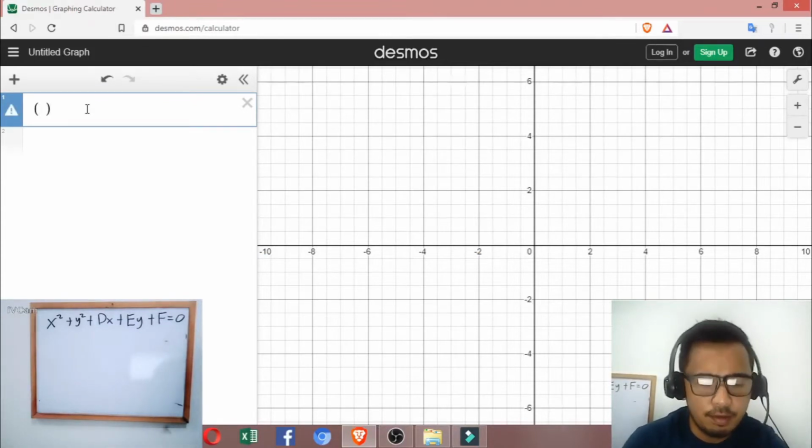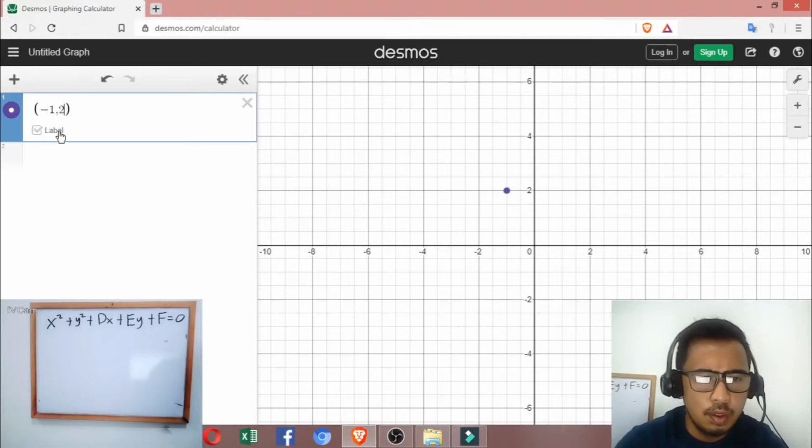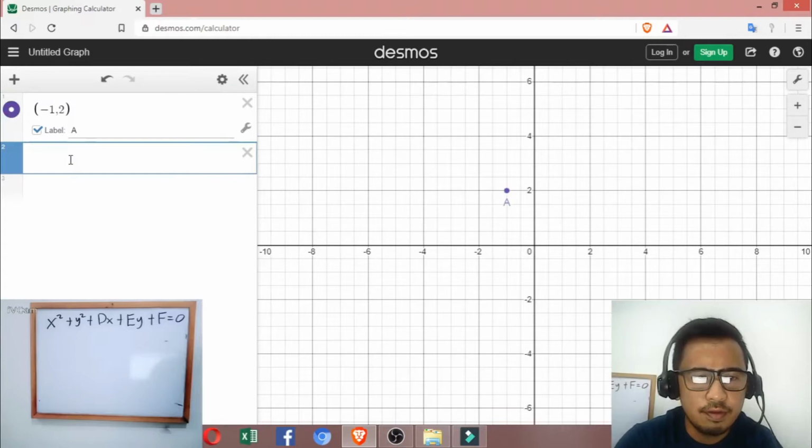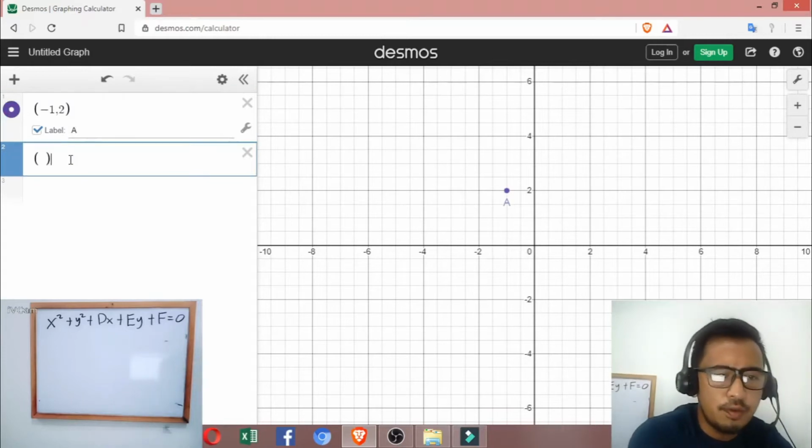Then you will have (-1, 2). We will label that as A. We also have the point (0, 5).